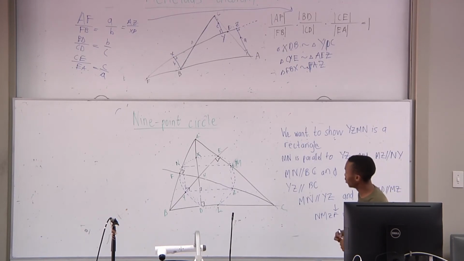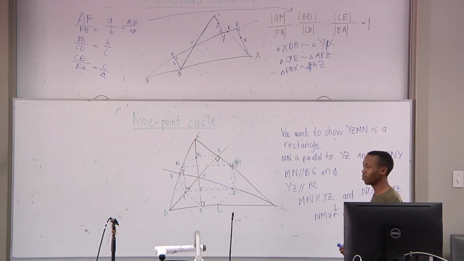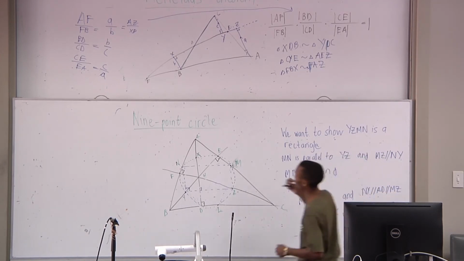And similarly, we can show that. When I say similarly, I mean do this all over again. There's really no need for us to actually do it. It's literally the same thing.